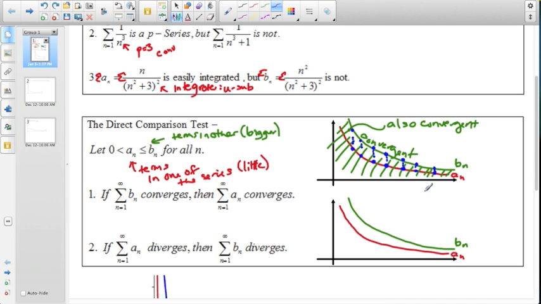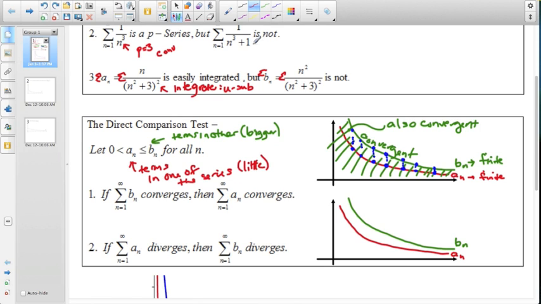So if the series B sub n goes to some finite value, and A sub n is smaller, then A sub n must also go to a finite value that's somewhat smaller than B sub n. So if B sub n converges, then A sub n must converge.